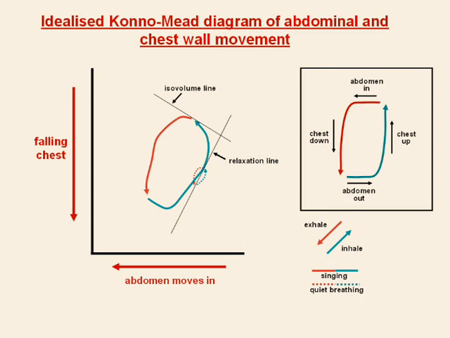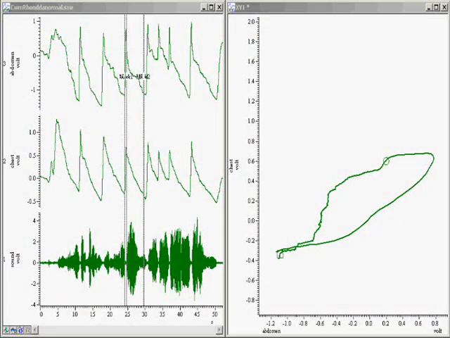In order to demonstrate the significance of Konno-Mead diagrams, we will use them to compare two breathing strategies. We will call the first one abdomen-led breathing. On the left is the trace from the plethysmograph, and on the right a Konno-Mead plot of one of the breaths.